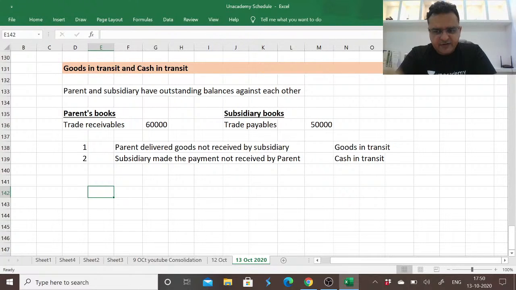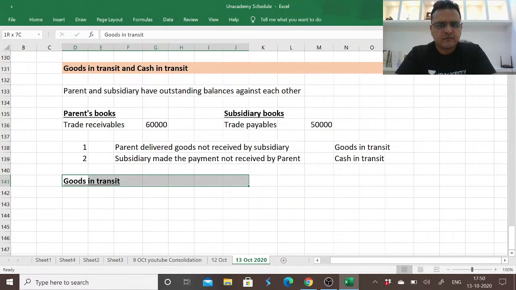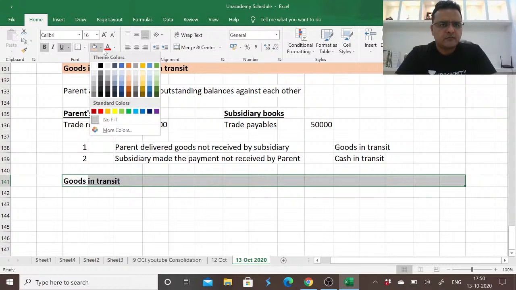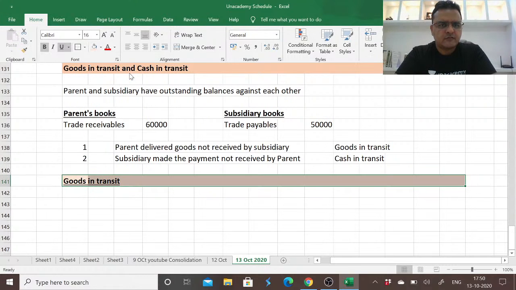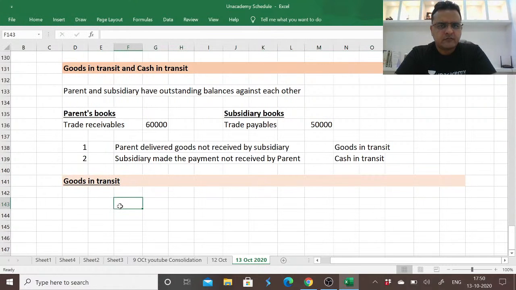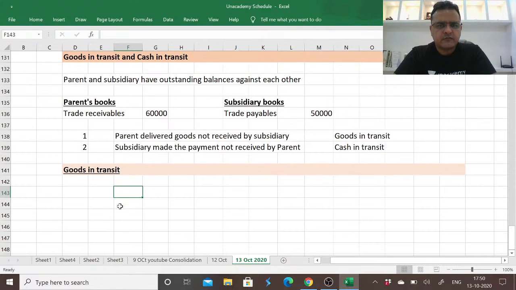If we deal with goods in transit, we assume as if the goods have been delivered.